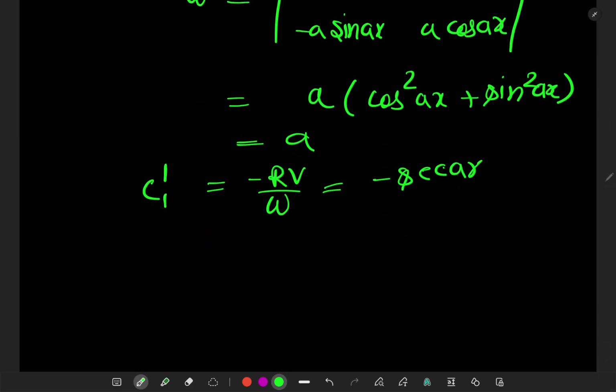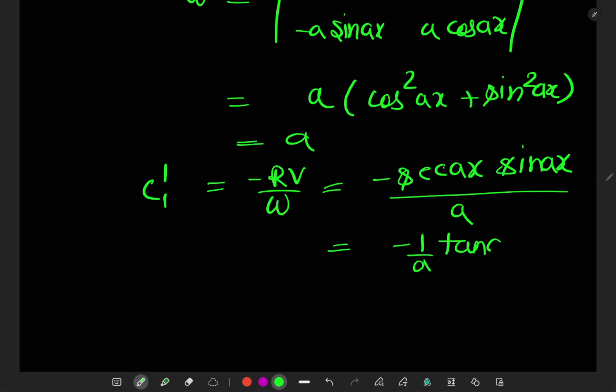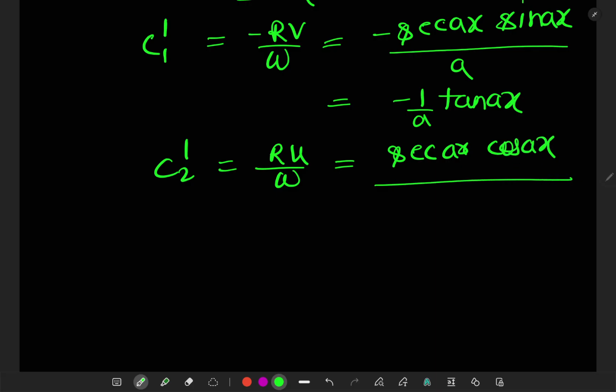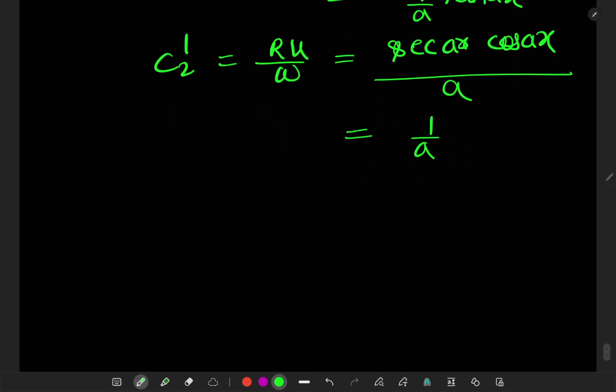So we can write here R is equal to sec ax into V, which is sin ax as we let, divided by W which is a, and equal to minus 1 by a tan ax. Similarly for C2 dash we can write R U divided by W, where R is sec ax and U is cos ax, divided by a, which is equal to 1 by a, as 1 by cos ax is equal to sec ax.